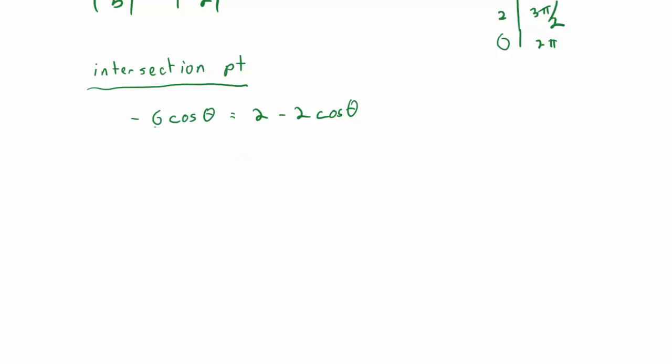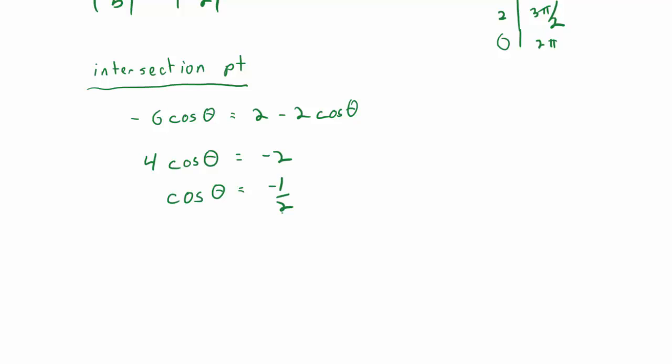If we add 6 cosine theta to both sides, that leaves us with 4 of them, right? I'll put it on the left side, though. And then we subtract the 2, so negative 2. So cosine of theta equals what? Negative 1/2. Okay, what's the reference angle?